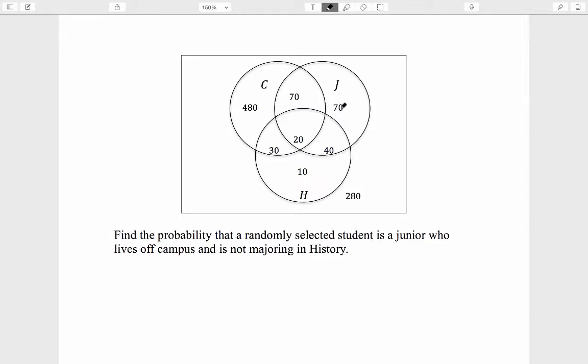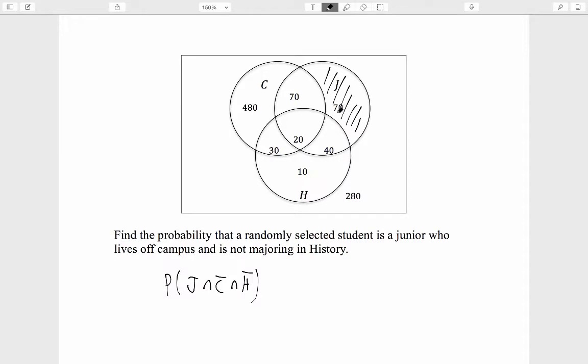So inside the J circle is a junior, lives off campus, so in the J circle, outside the C circle, and is not majoring in history. So this student is one of the 70 who is inside the J circle, outside the C circle, and also outside the H circle. So we're looking here for the probability of J intersect C complement intersect H complement.